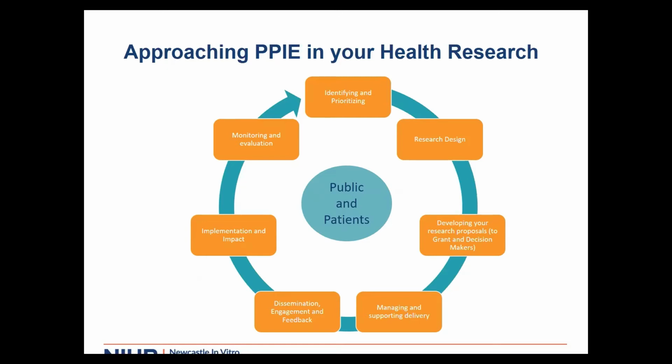Implementation and impact. This is, I suppose, linked to why you have done your research. What difference has it made? And what do you want to do with your research findings? So if you've got some evidence from your research, which could inform practice or service delivery, then if you've involved public contributors in the work, they might have some sway to be able to get your research findings implemented.